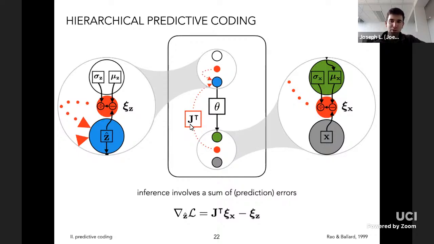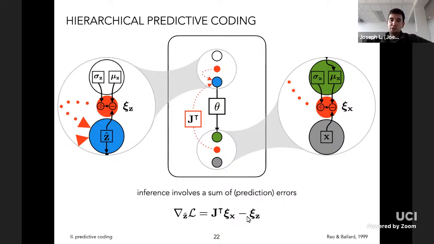This is the Jacobian matrix of this mapping. I'm not going to unpack what that means exactly in this talk, but just think of it as some way of inverting our prediction errors down here in the data space back up into the latent space. So we just need to do that inversion on the data prediction errors.